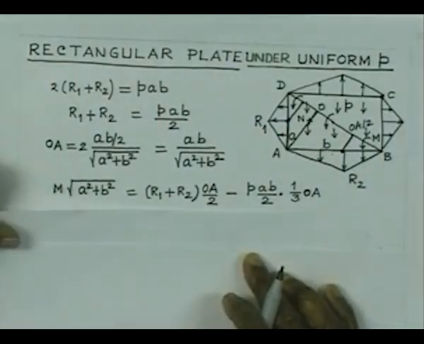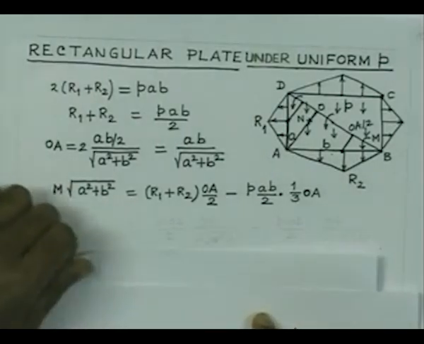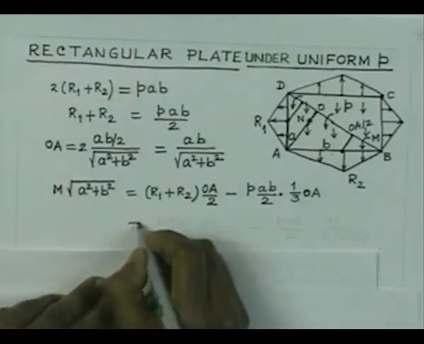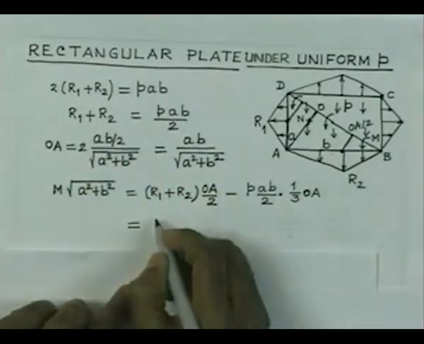So, this gives us the moment equilibrium about dB, and finally, we substitute the value of R1 and R2. R1 plus R2 is nothing but PAB by 2.